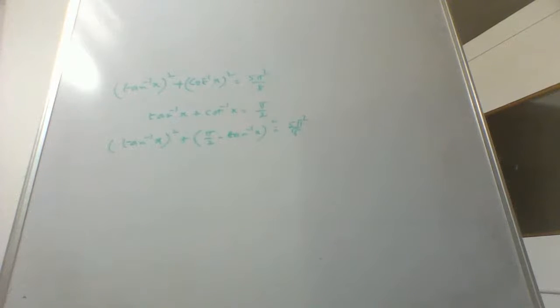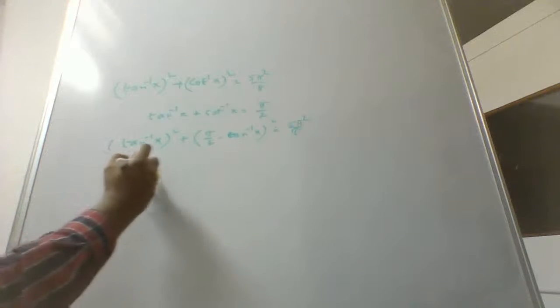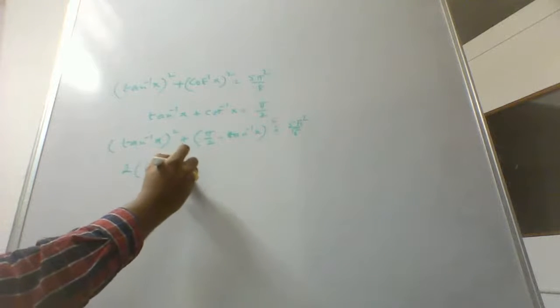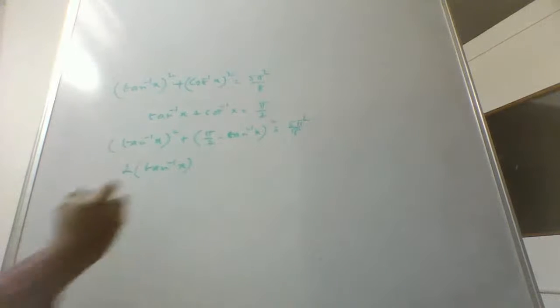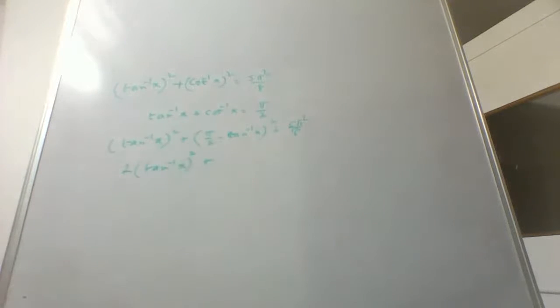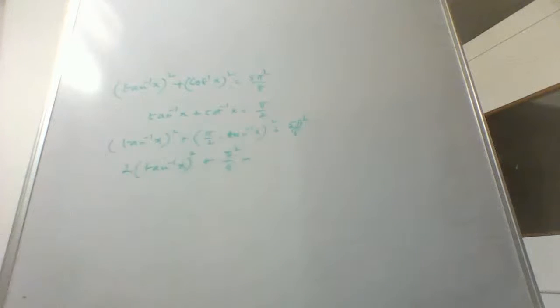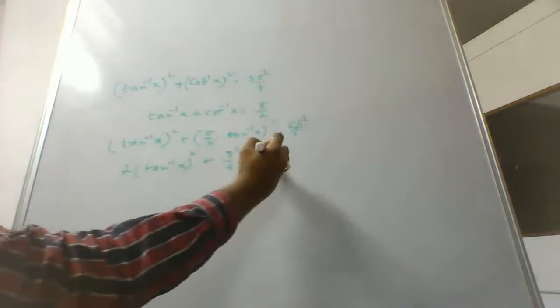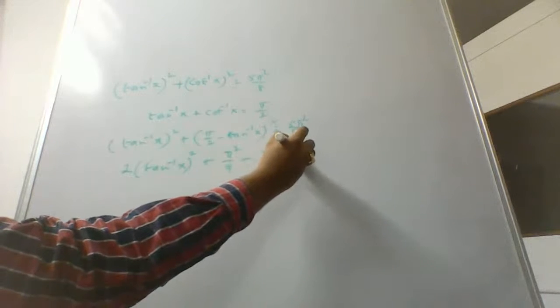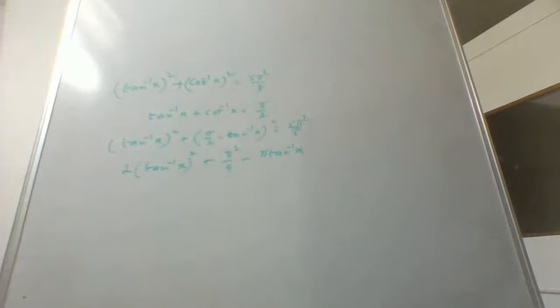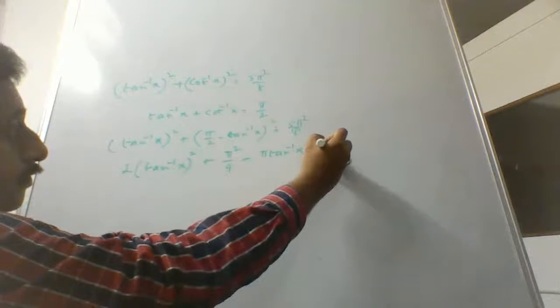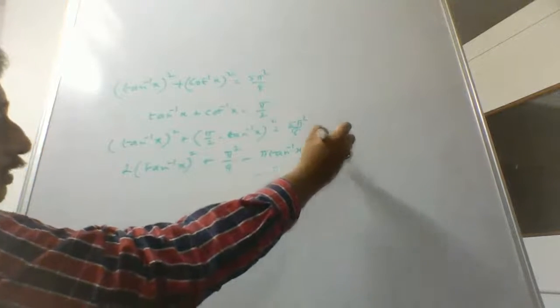Now this would be 2 times, if I try to simplify it further, 2 times tan inverse x whole square plus this is pi square by 4 minus pi tan inverse x, which is equal to pi square by 8.